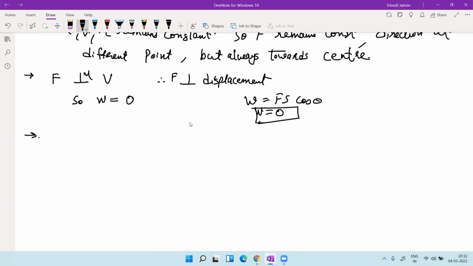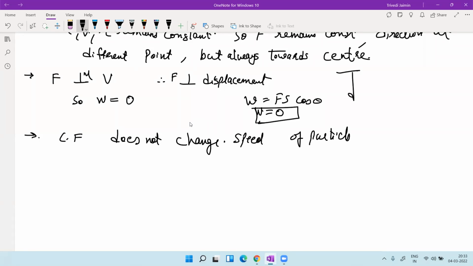Next point to remember. Centripetal force does not change the speed of the particle. We are adding the same thing here, but in a different manner.